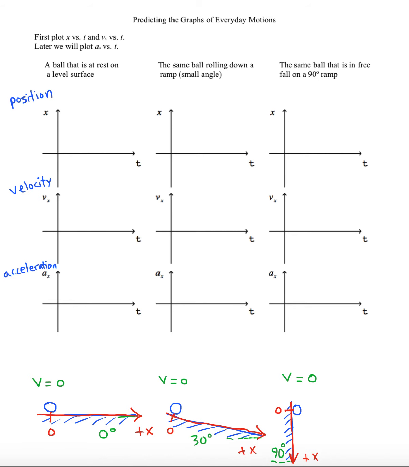So at t equals 0, x equals 0. That means each of these graphs actually needs to start with a dot at the origin, and we're just going to go from there. We also notice that the velocity is 0 for all the balls at time 0. So let's start each of our graphs here.